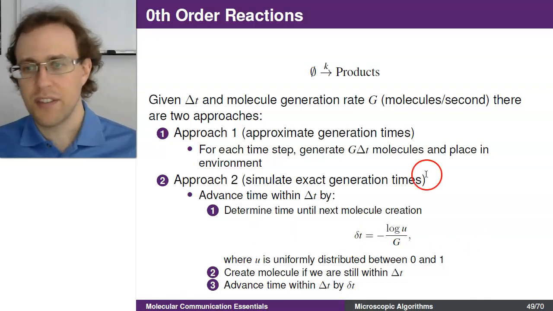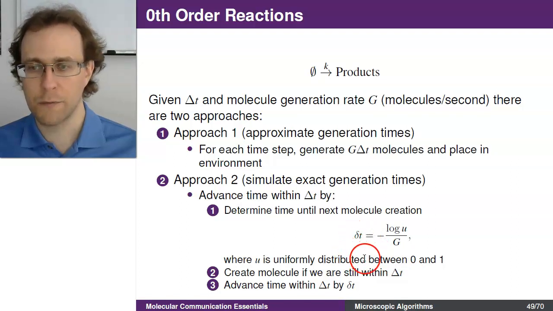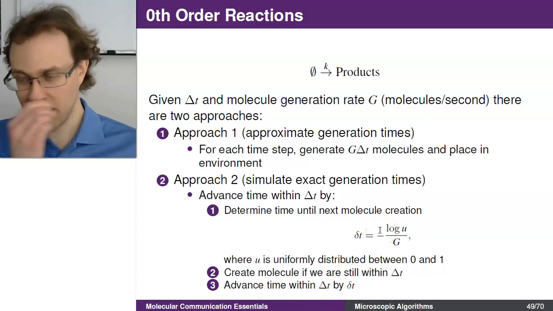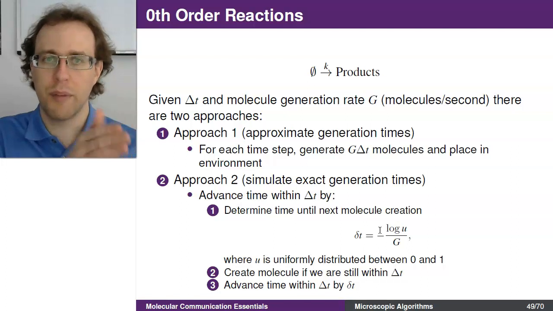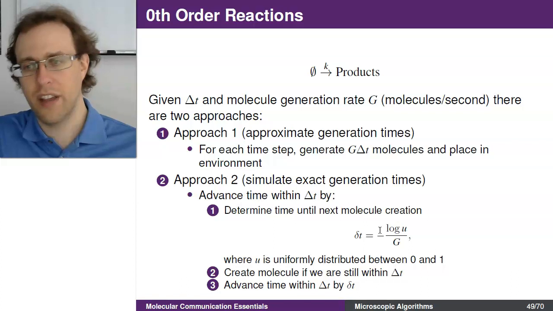Then if this delta t still puts us within big delta t, we can go ahead and place the molecule and then advance the time within the global time step by little delta t. So basically, you create a bunch of these little delta t's until their sum is greater than big delta t, and then you create that number of molecules associated with that time step.